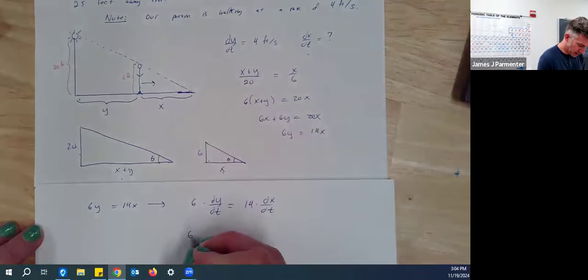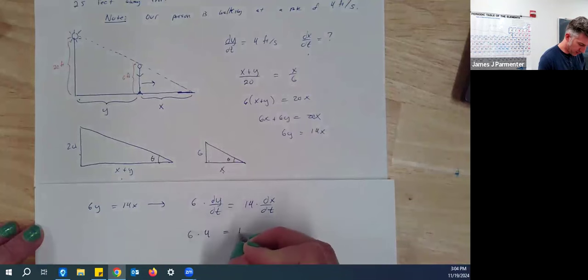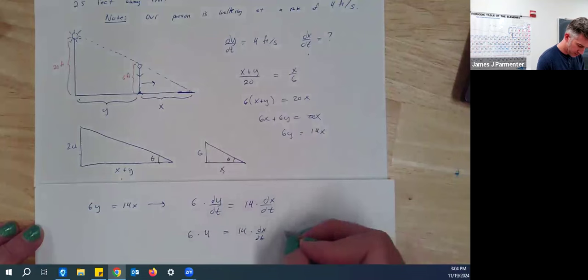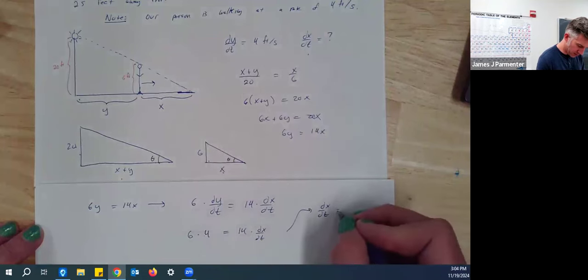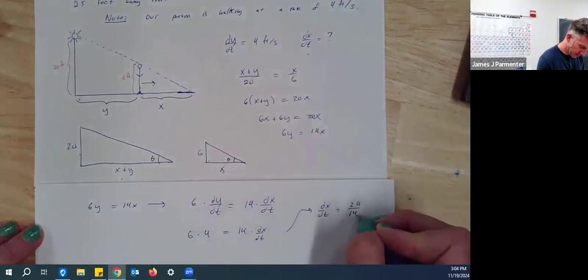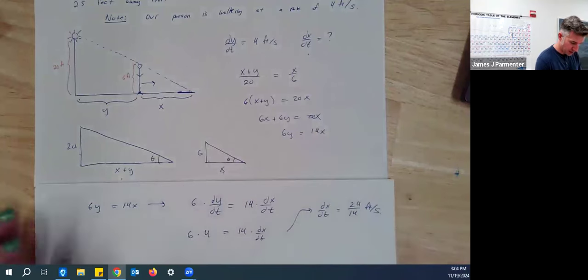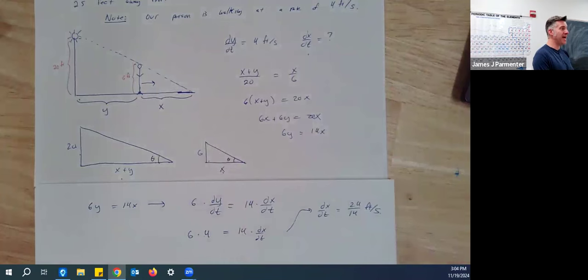So we have that 6 times 4 equals 14 times dx dt, or in other words, dx dt is going to equal 24 divided by 14 feet per second. Notice, once again, atypically, we didn't have to plug in how far away the person was from the lamp. Or in the previous problem, how high the water or the coffee was when we were trying to find the rate of change of it.